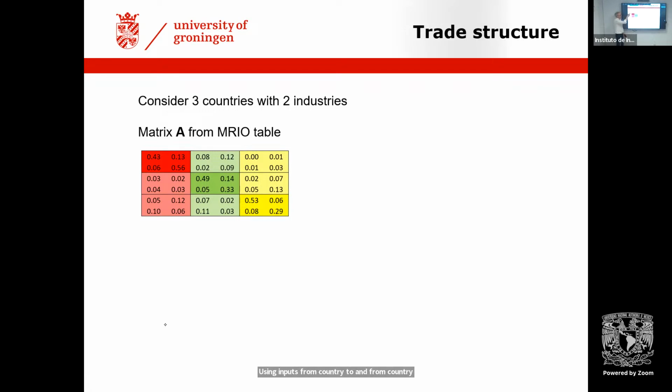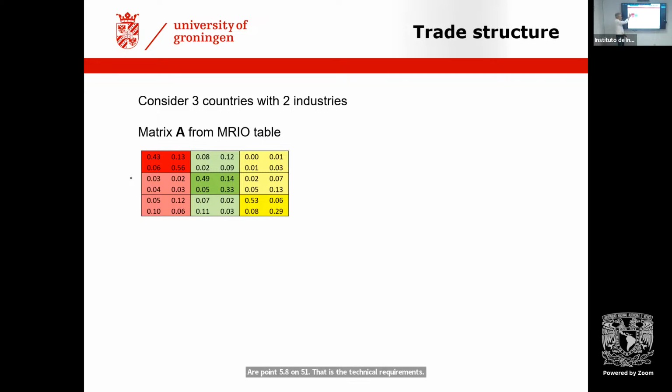Now, suppose we have agriculture and manufacturing. How much agricultural input is used here? It's 43 plus 3 plus 5. Technologically speaking, the amount of agricultural inputs that are needed in the first industry in red are 0.5, 0.8, 0.51. That is the technical requirements.